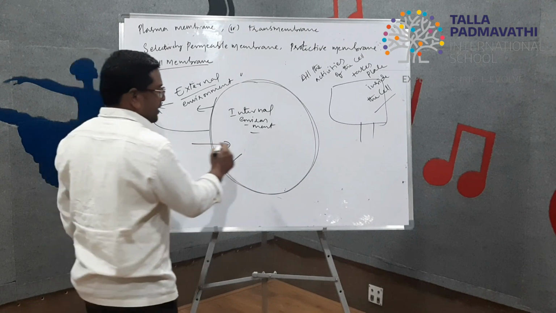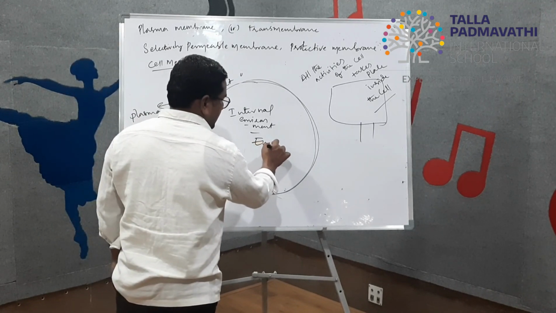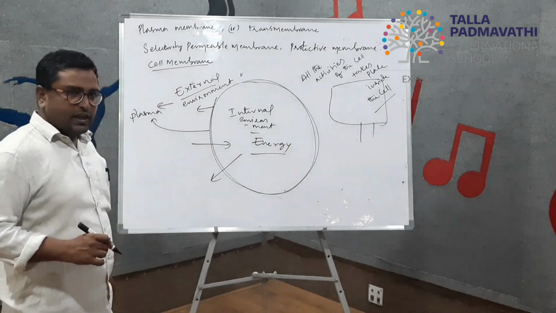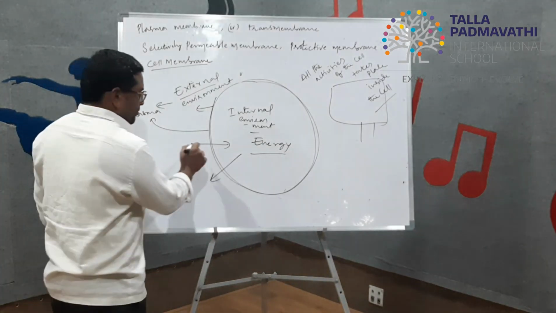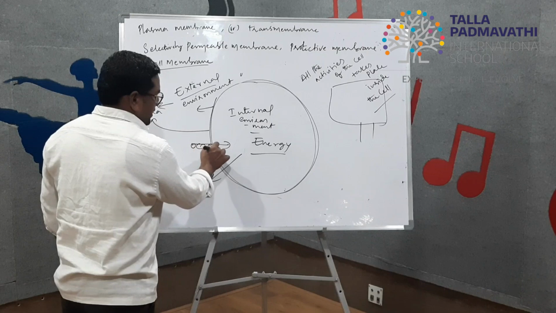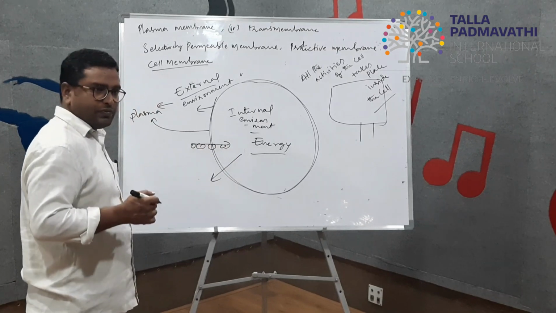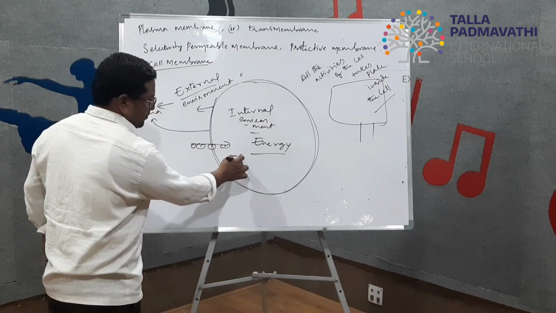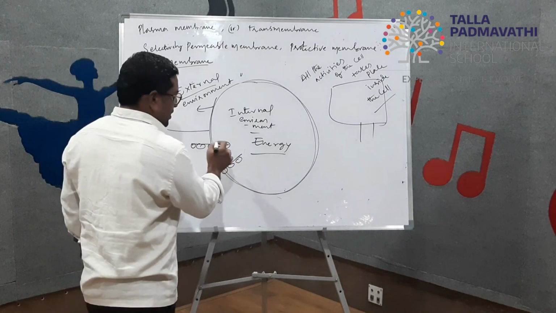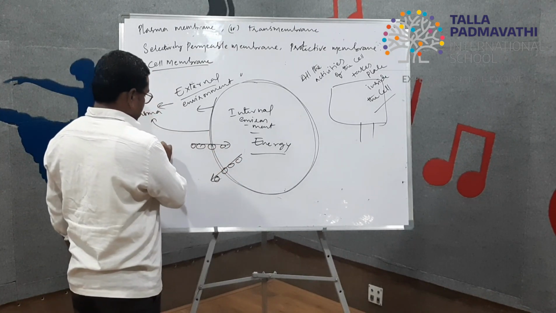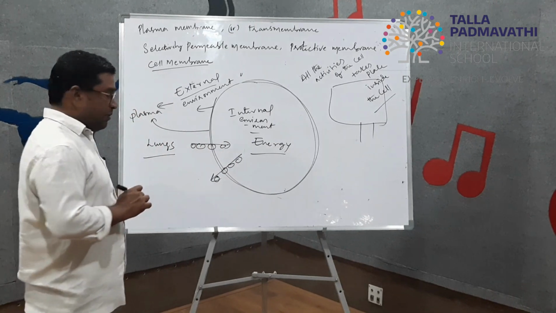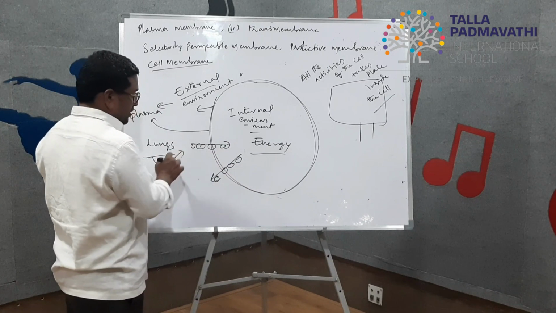You are taking energy, and that energy is produced in the cell. As you take oxygen through the lungs, oxygen is distributed into the blood.